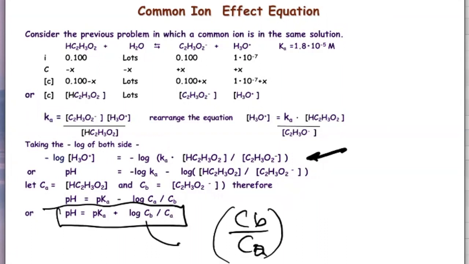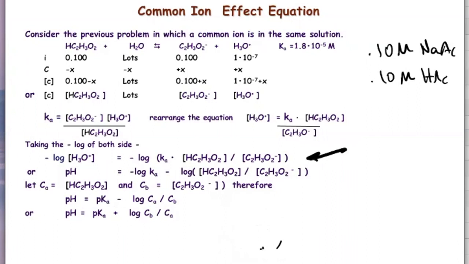That's the log term. So if we go back to our previous problem where we had both 0.10 molar sodium acetate and 0.10 molar acetic acid, and we plug it into this Henderson-Hasselbalch equation, you can see that I didn't even have to do an ICE table. All I had to do was plug it in here and say that the pH is equal to the pKa of acetic acid.